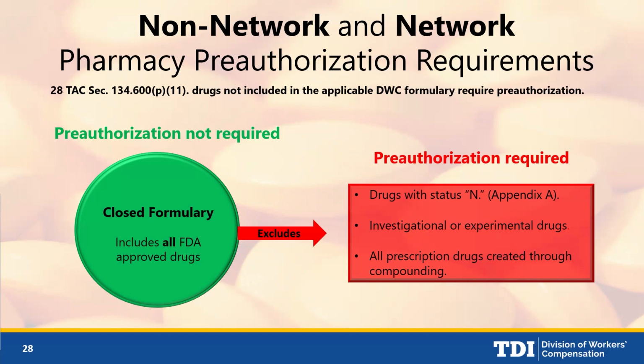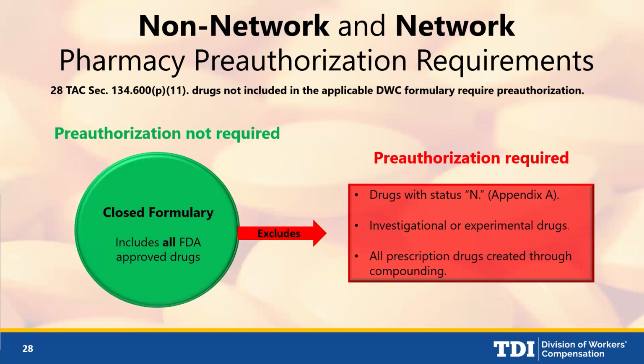You'll find that in the Appendix A or on our website under N status drugs or under P for pharmacy. So those drugs that have an N status, even though they're FDA approved, you need pre-auth. Any investigational or experimental drugs need pre-authorization. And then lastly, all compounded drugs.